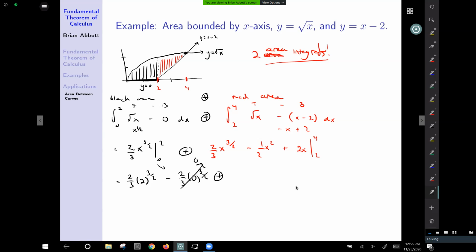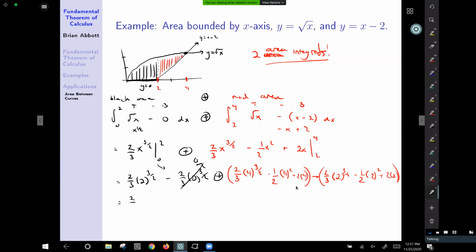So for x equals 4, we're going to have 2/3 times 4 to the 3/2 power minus 1/2 times 4 squared plus 2 times 4 minus 2/3 times 2 to the 3/2 power minus 1/2 times 2 to the 2nd power plus 2 times 2.